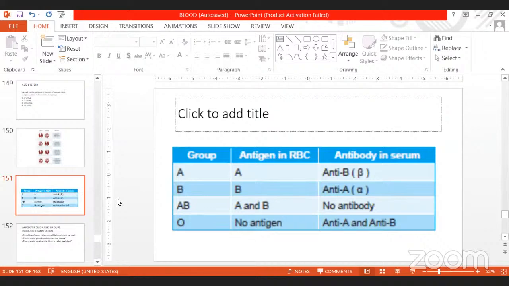So, the corresponding antibody is absent. And B blood group having antibody A, and AB blood group having no antibodies, and O blood group which contains both A and B antibody in the serum.